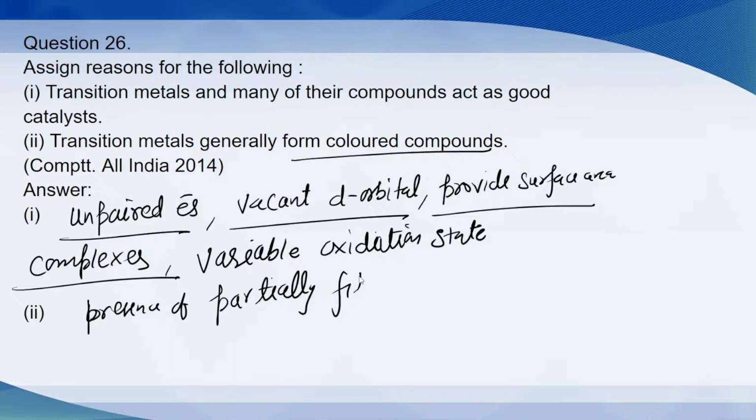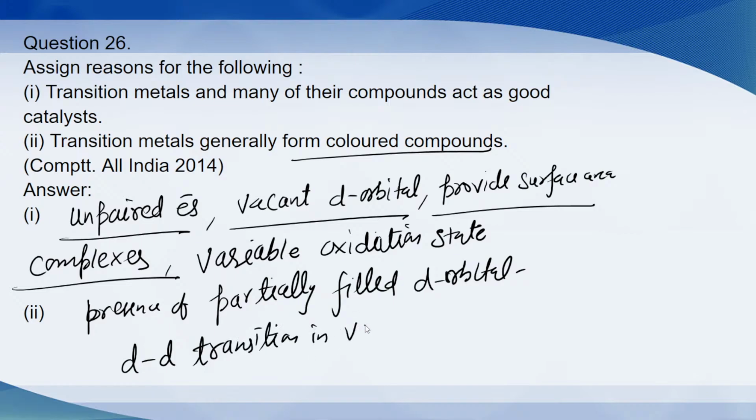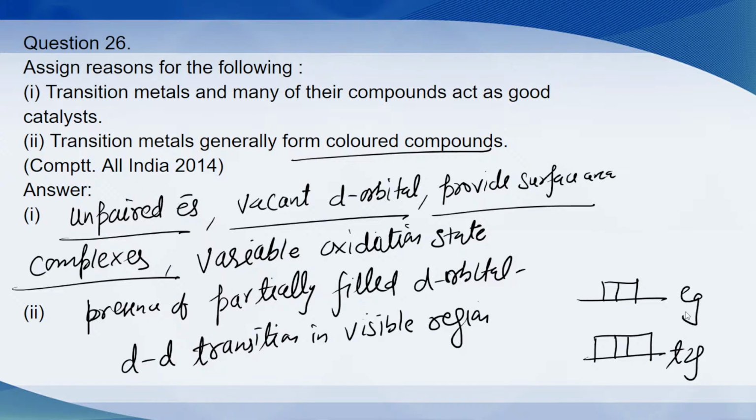That's why they can show d-d transition in the visible region. How do they show it? Because the d orbitals are separated into t2g and eg. So due to d-d transition which takes place in the visible region, we can see the complementary color.